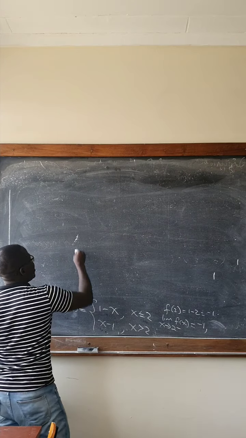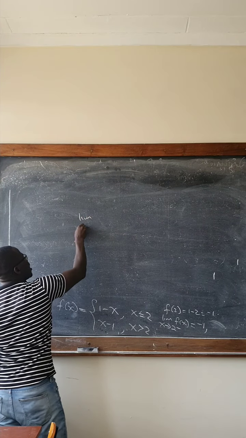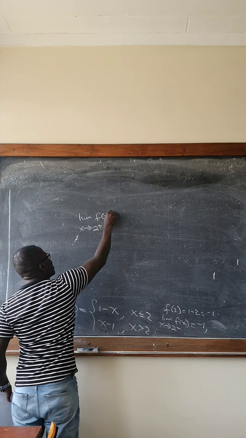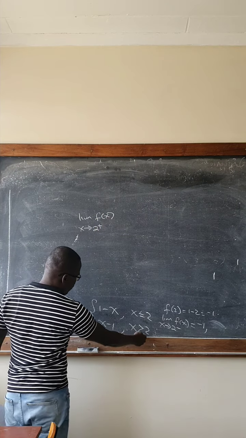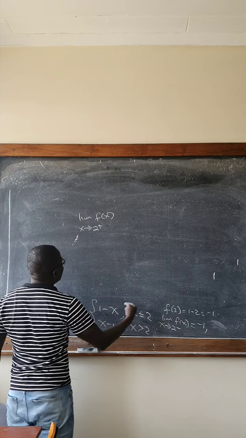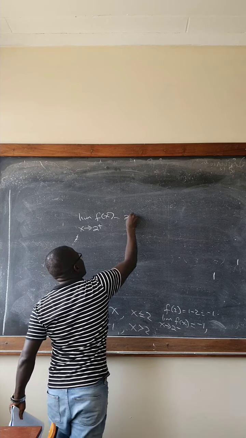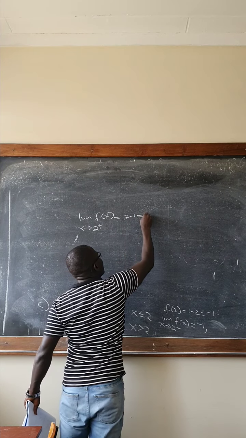Whereas if you compute the limit as x tends to 2 from the right of f of x, that means we are going to be in this interval and approaching 2 from the right. This is going to be 2 minus 1, which is equal to 1.